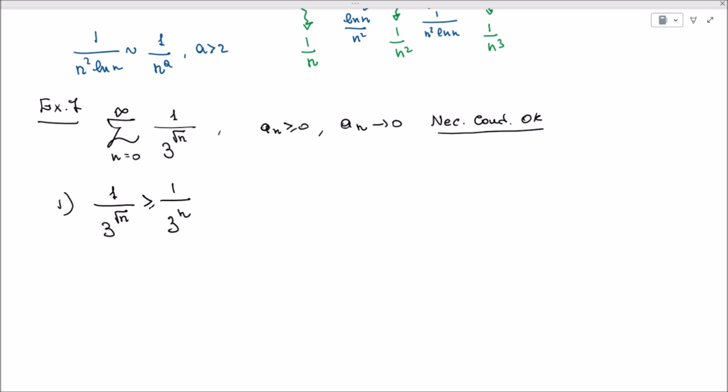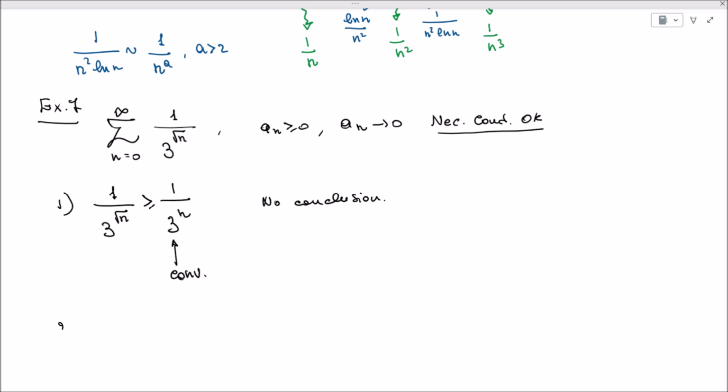And we know that this is now a geometric series with ratio 1/3. Okay, so we know that this is a convergent series. So this inequality doesn't help, okay, because we have that the larger part will converge, so we cannot draw any conclusion about 1 over 3 to the square root of n. So no conclusion with this.